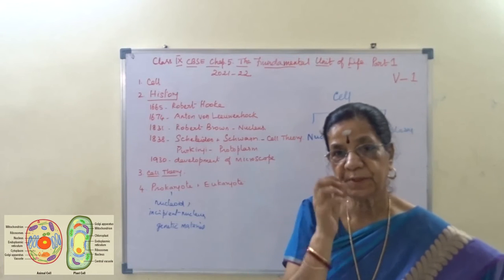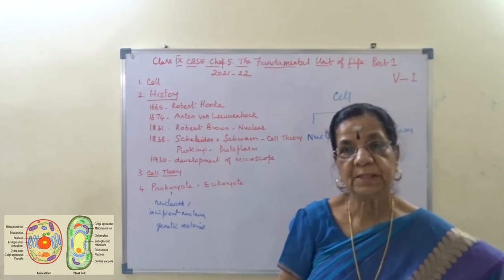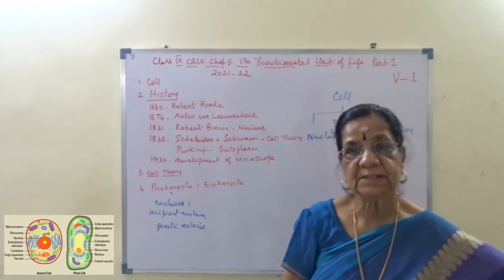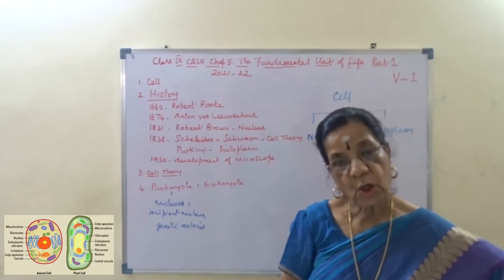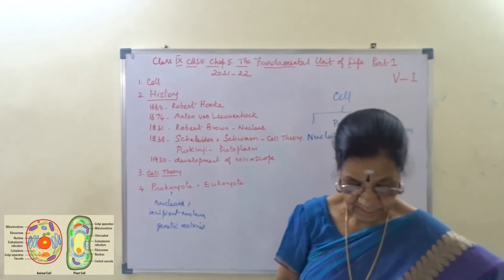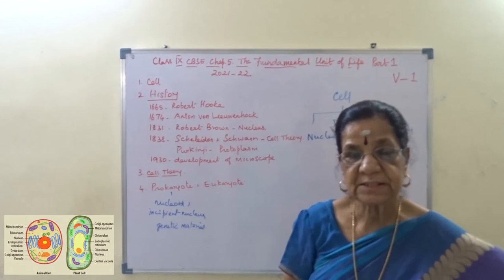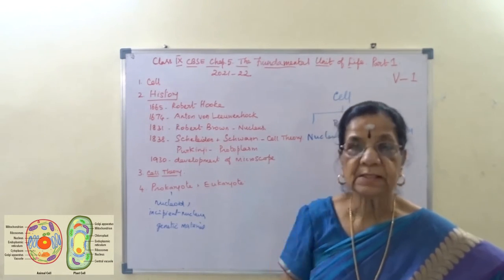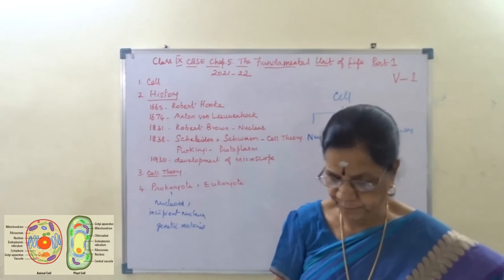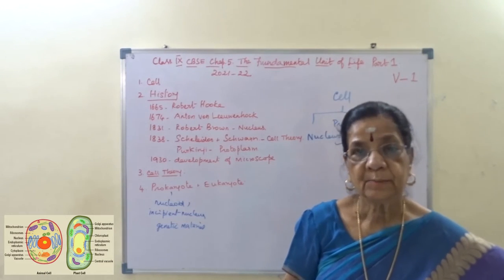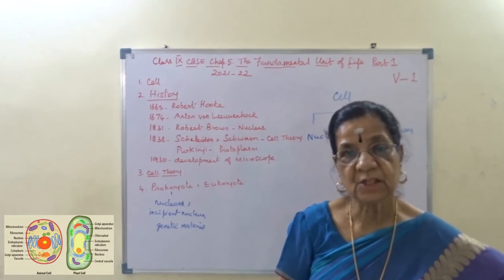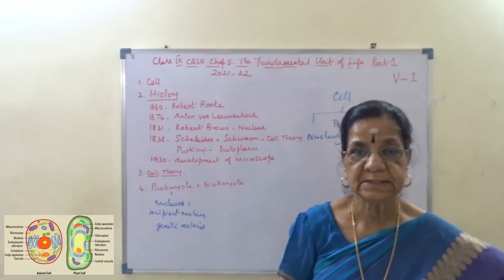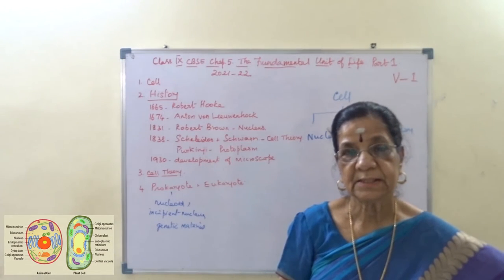Cell division occurs by fission or budding, and mitotic and meiotic divisions are absent. Ribosomes are smaller in size. I hope you understand. You can recollect this.